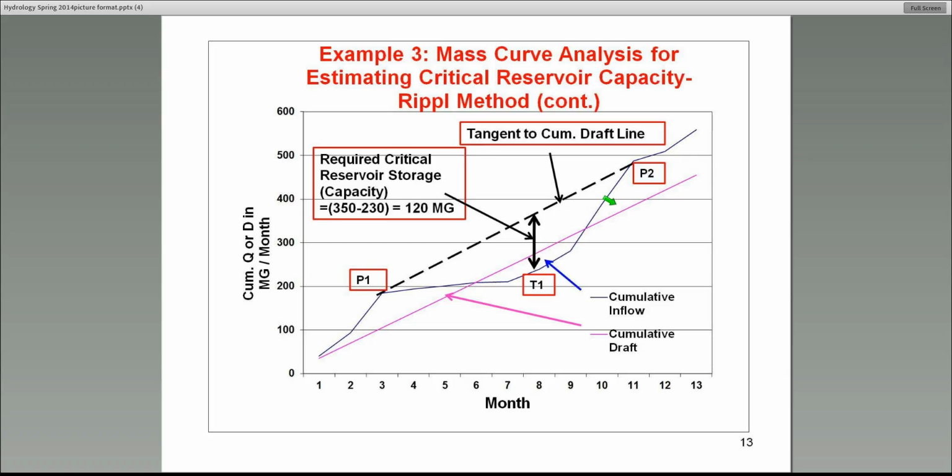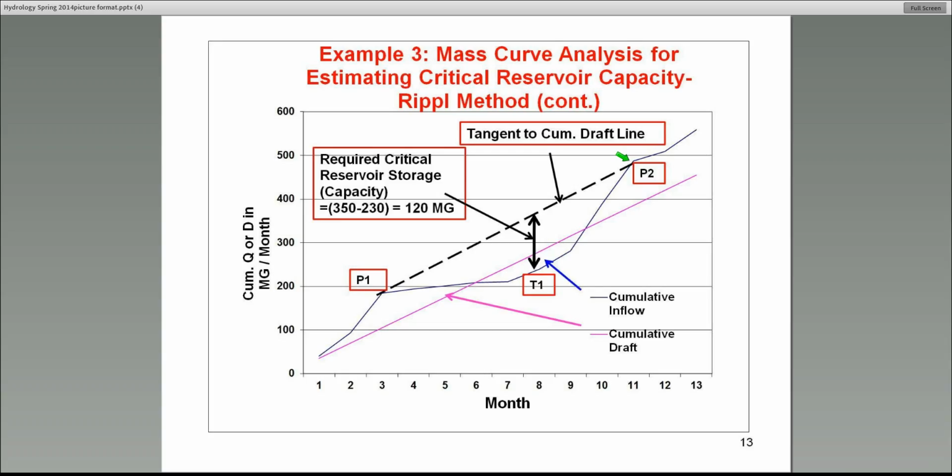What you have to do then is to basically take this pink curve and shift it so that it's tangent to the blue line of the cumulative inflow curve, and the tangent is at points P1 and P2. It will intersect that blue line at two critical points, and those are the ones that you need to make a note of.